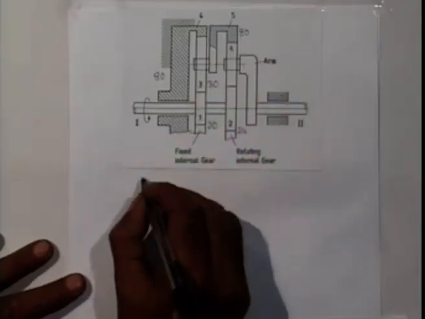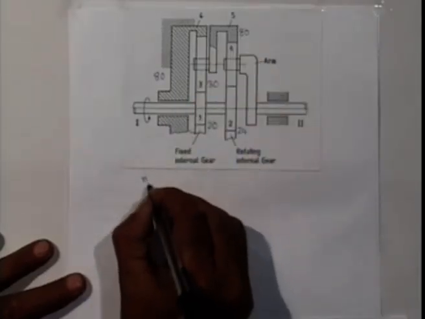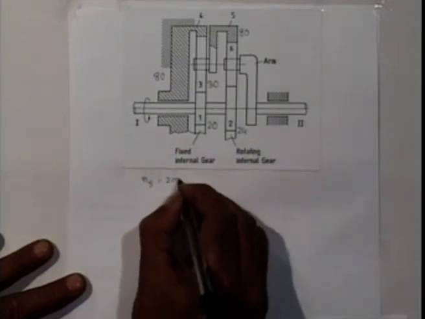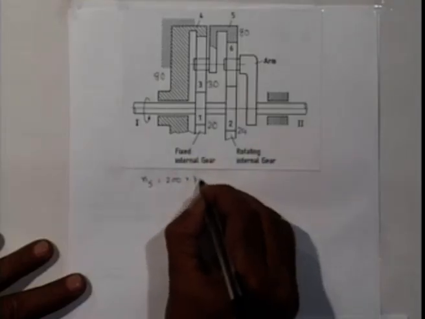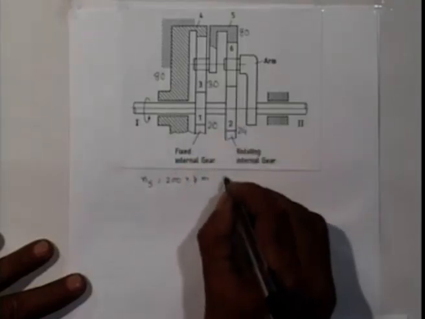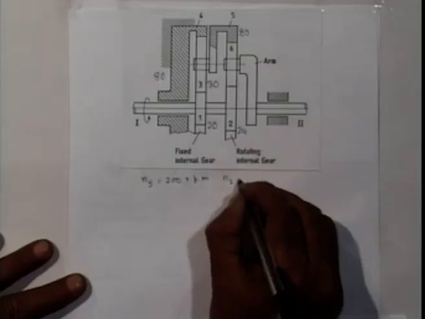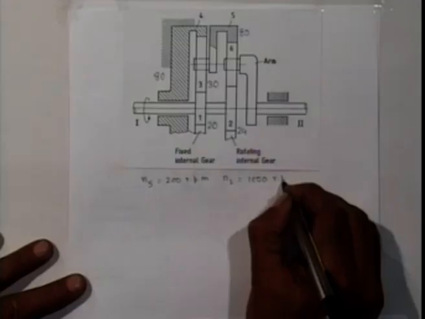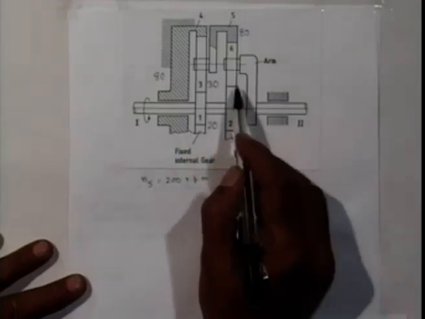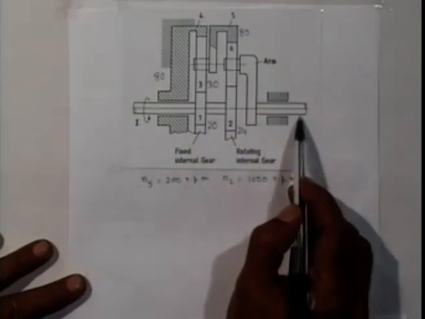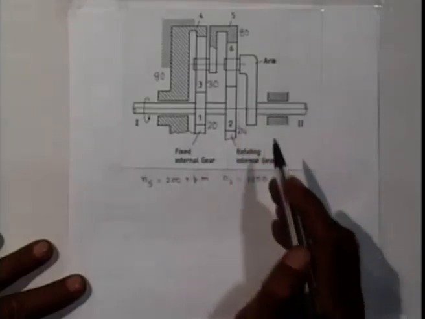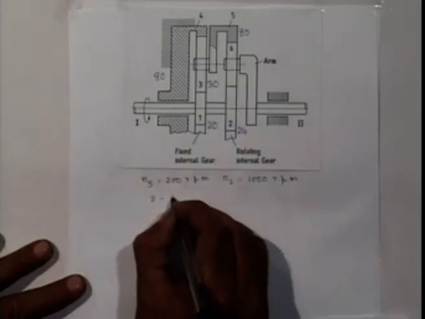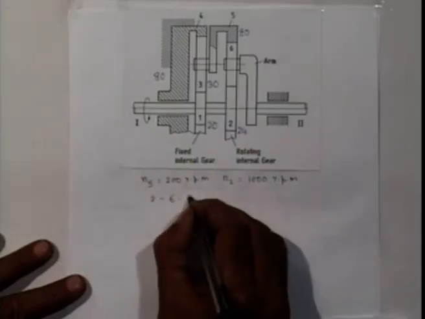We have already seen that N5 was obtained as 200 rpm and N2 is given as 1000 rpm, and our objective is to find the rpm of this arm, which is the output shaft. So gear train is 2, 6, 5 and the arm.